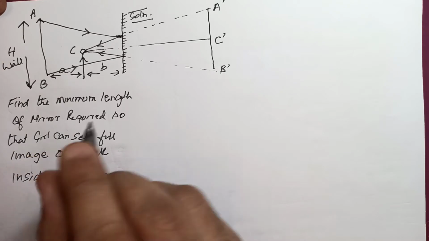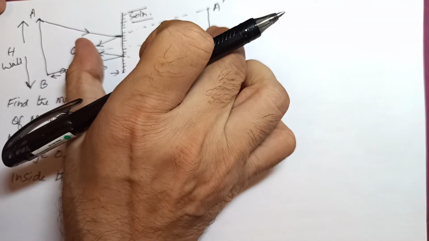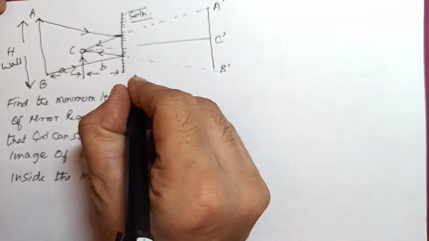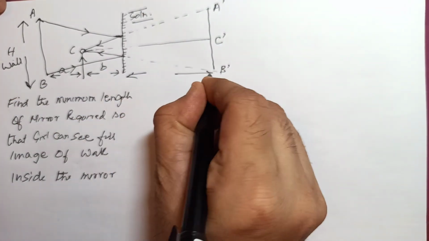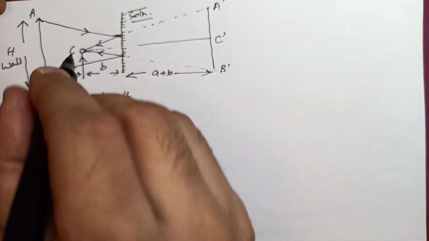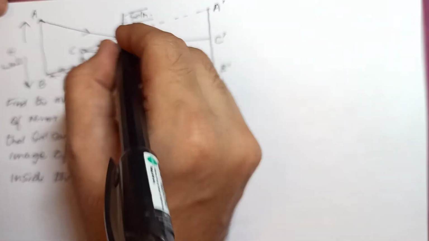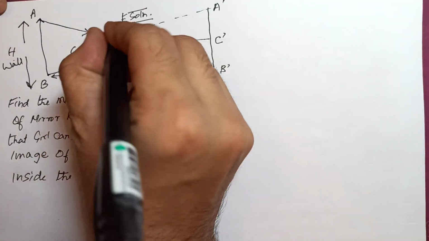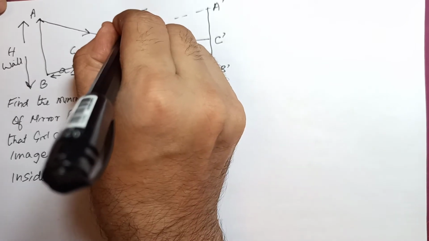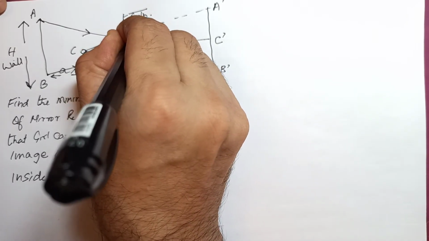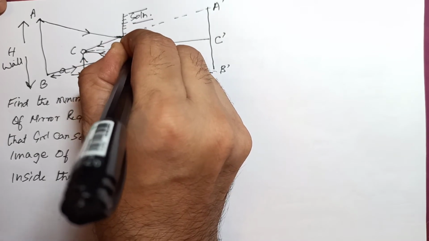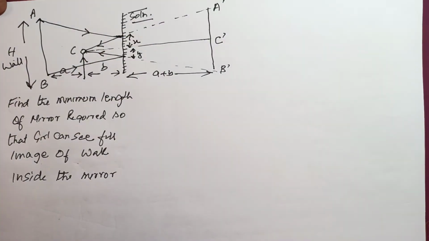This thing, we know this is equivalent to this, which is a plus b. So if I have to write it, this is a plus b, correct? Let's say this is x and this is x and this is y.